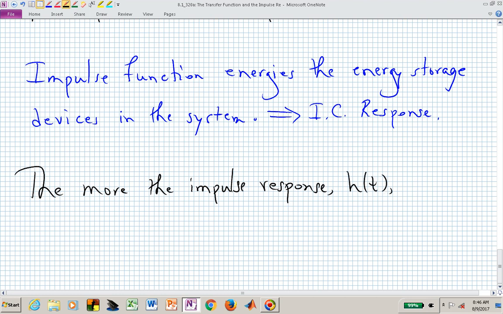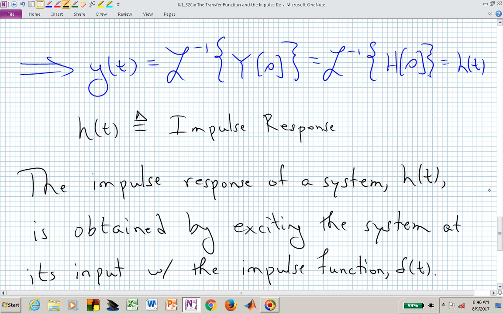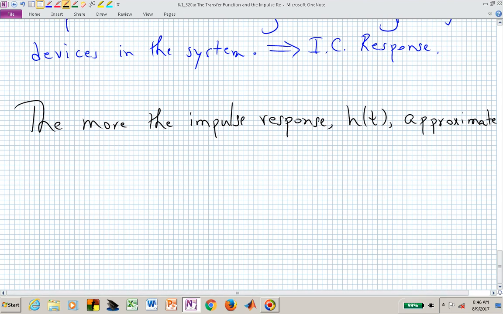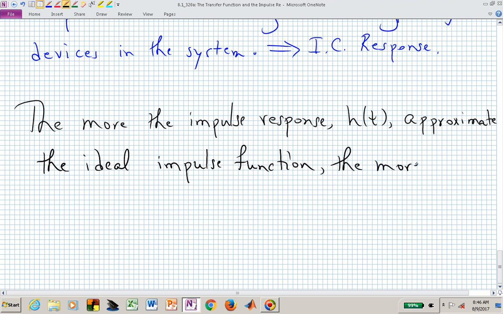So the more the impulse response, little h of t, approximates the ideal impulse function, so the more that little h of t looks like delta of t, then the more the output response, or the output waveform, will look like the input waveform.